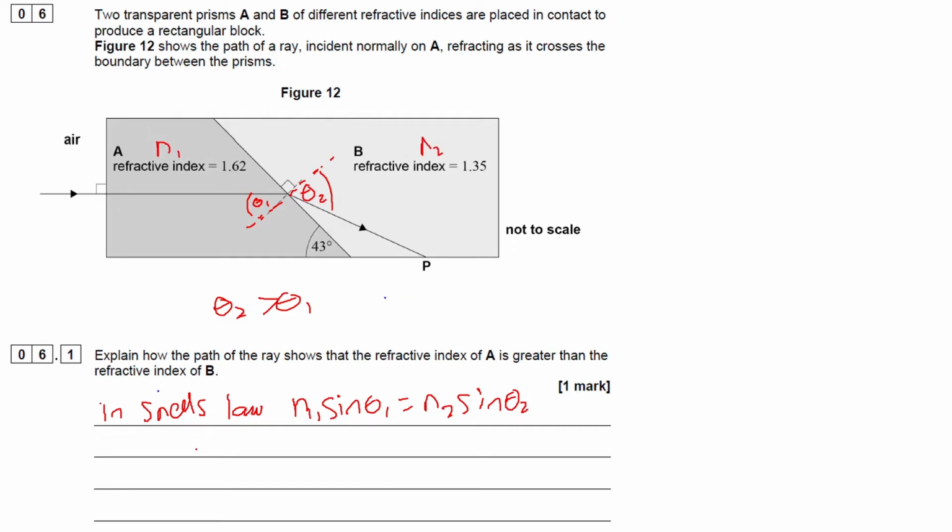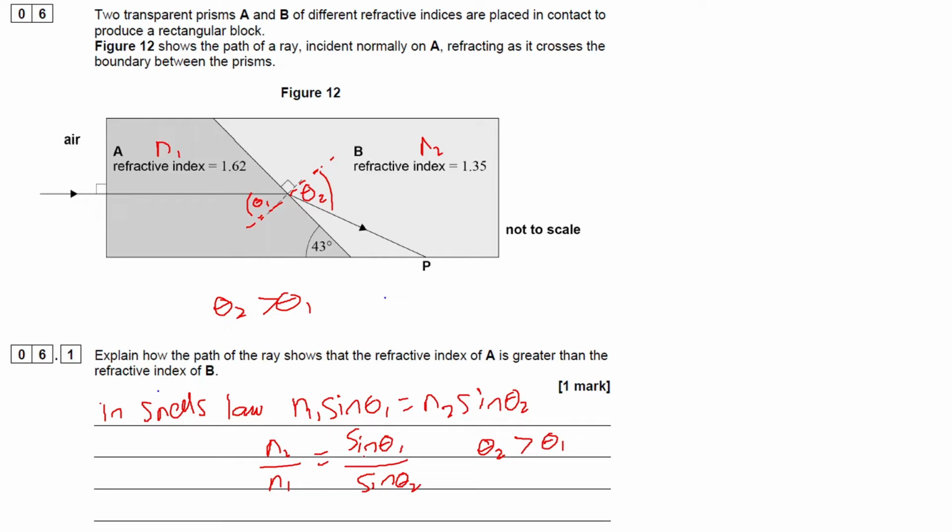So if I look at a ratio of the refractive indices compared to the angles, I can see if I rearrange this, I get n2 over n1 is equal to sine theta 1 over sine theta 2. So looking at this equation, first of all, we can see that theta 2 is greater than theta 1. So in this equation, theta 2 is in the denominator, so that number is bigger compared to the number above.